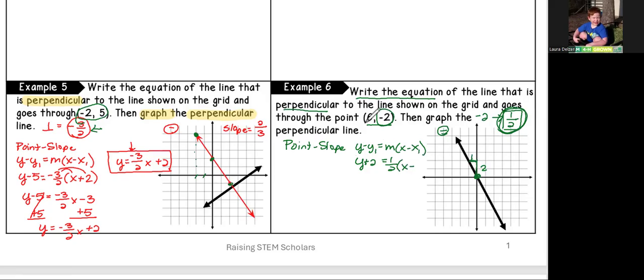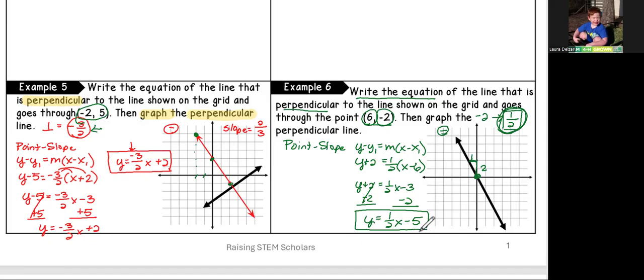X minus 6. Okay. We can simplify this down a little bit. So we got y plus 2 equals 1/2 x. 1/2 times -6 is going to give me -3. -2, -2. Y equals 1/2 x minus 5. That's going to be my perpendicular equation.